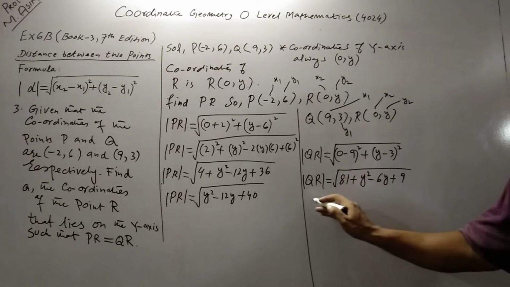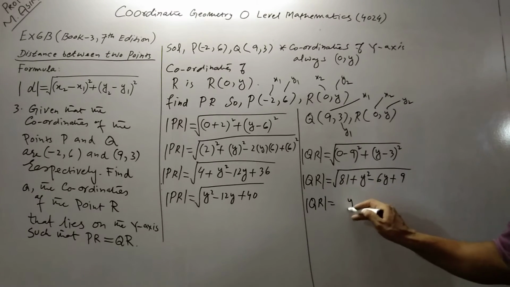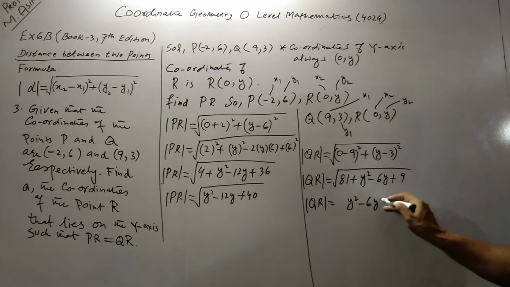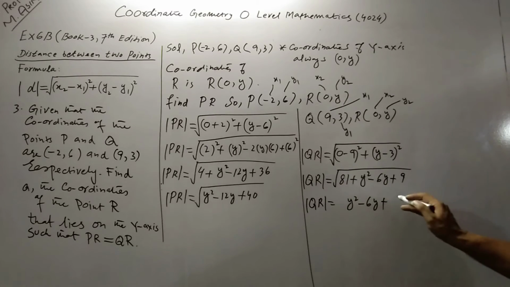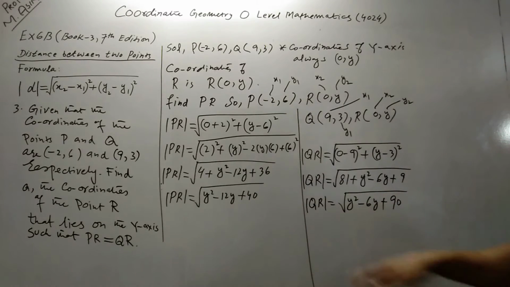And finally QR equals the square root of y square minus 6y, 81 plus 9 is 90. So this is the distance PR and this is the distance QR.